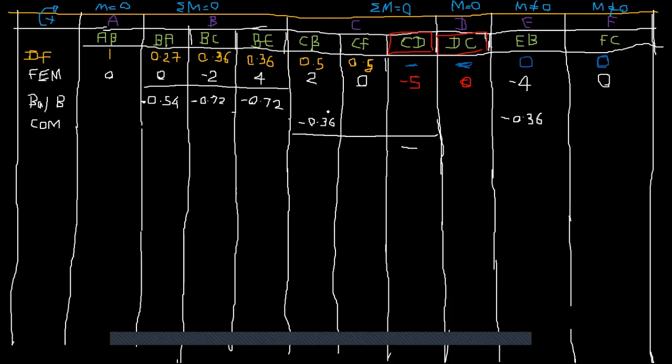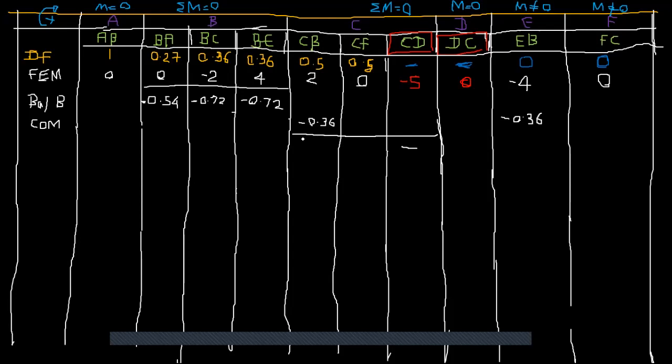So to balance that, I need to add plus 3.36, right? I need to add plus 3.36 to balance that. And that amount, 50% is taken by CB and 50% is taken by CF, right?